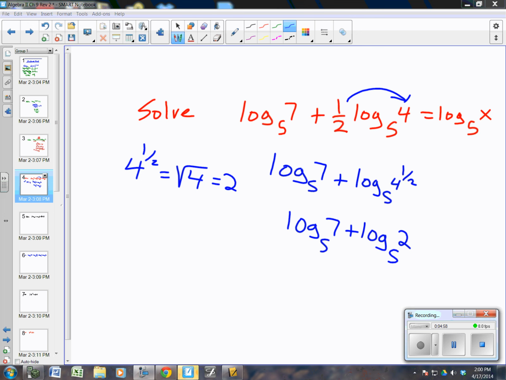That's where we got this 2 from. 7 times 1/2 log 5 28. No, the order of operation would have to be done this way. No, the square root of 28 is not... I mean, well, yeah, but that's not the same thing.